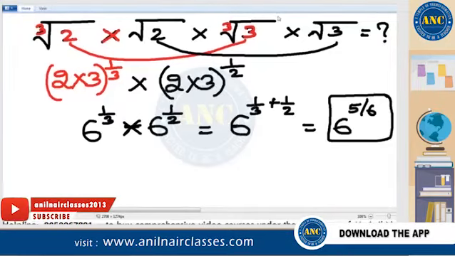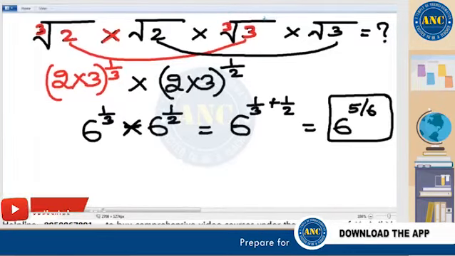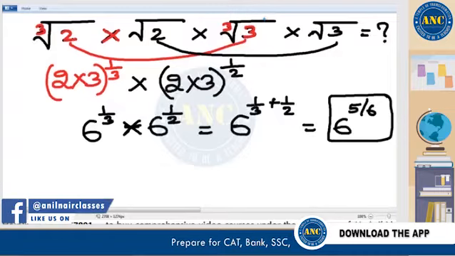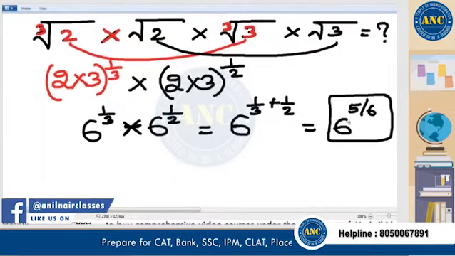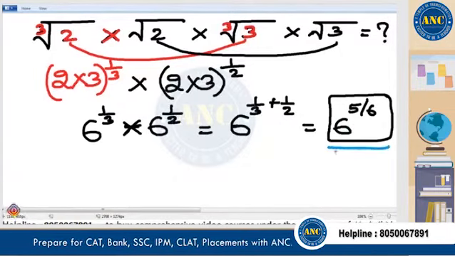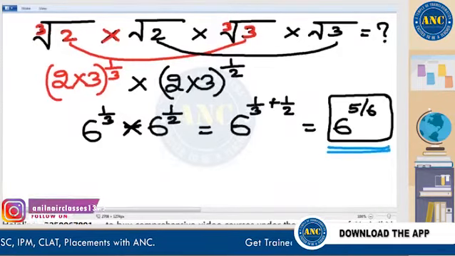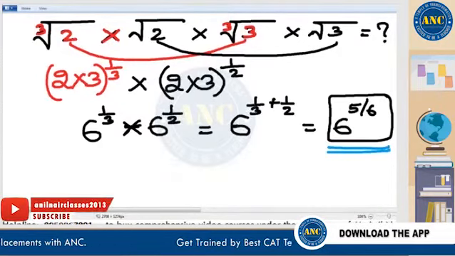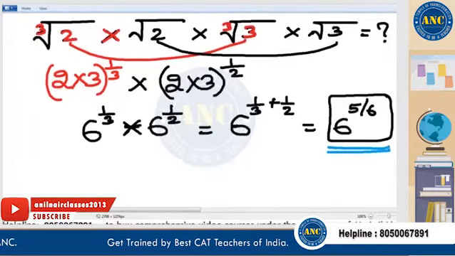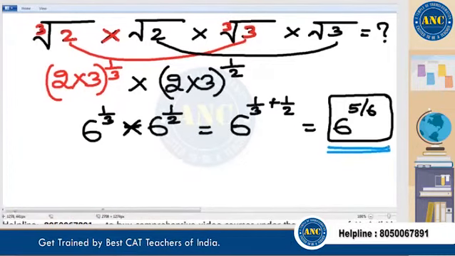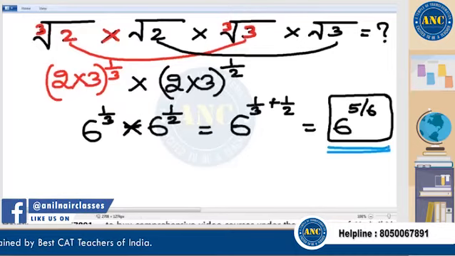Do not be under the assumption that in all the questions which we have solved earlier, the answer was coming as a whole number or a rational number or a natural number, whatever it is. In this case, you are not getting a natural number. There is no particular rule that you should always get a natural number, sir.